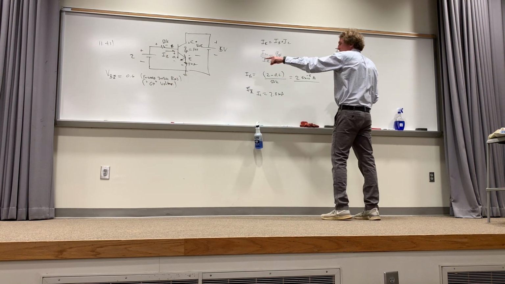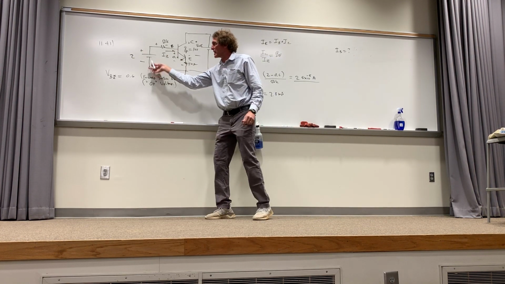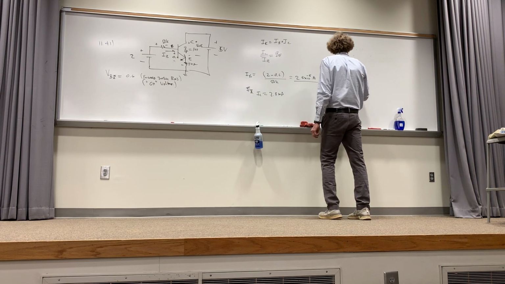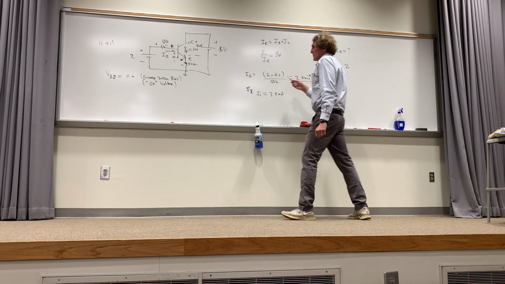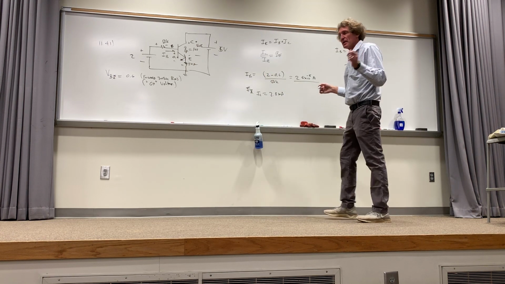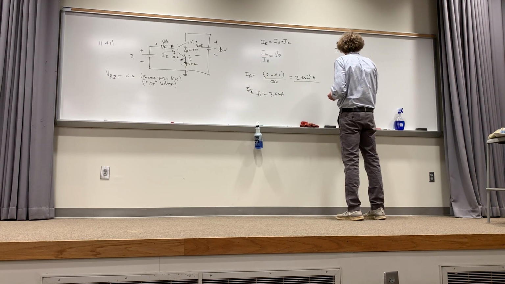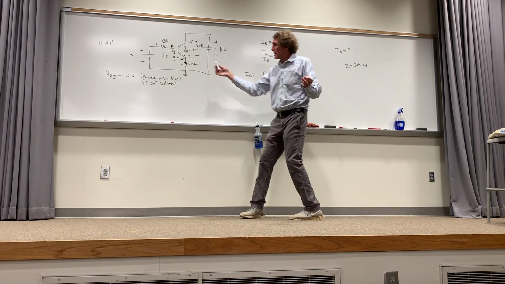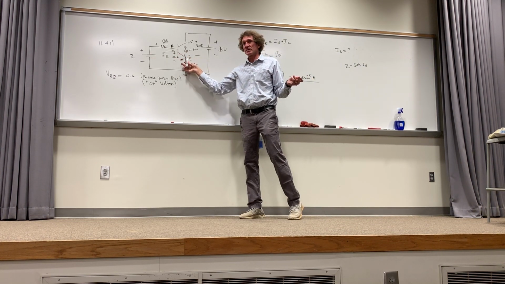If I start at ground and I go up, I get an increase of 2 volts, right? Then I get a decrease of 50K times IB. Does everybody see this? It's minus 50K times IB. You don't know what IB is. Then it's going to be minus 0.6. Does everybody see that, class? You guys good with it?